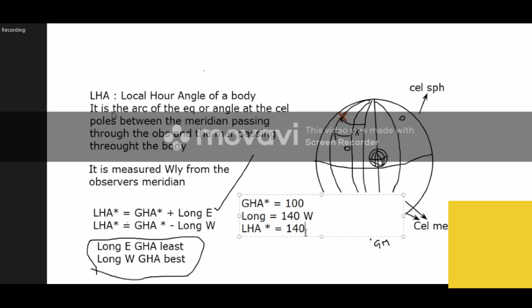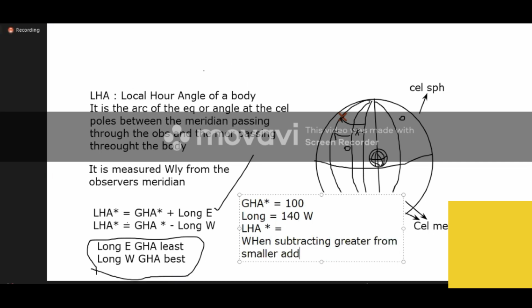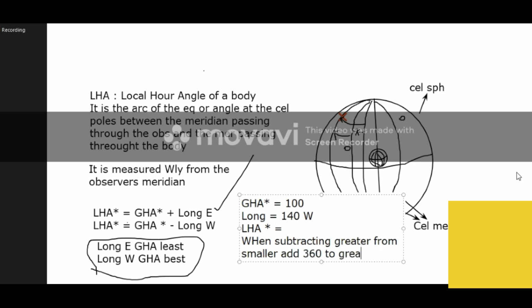Then how will I find LHA? Because GHA best, so the rule is when subtracting greater from smaller, add 360 to greater in a circular measure.